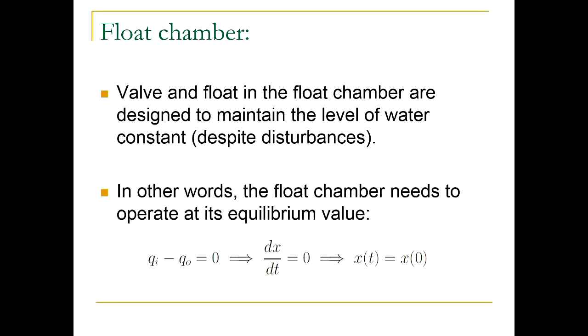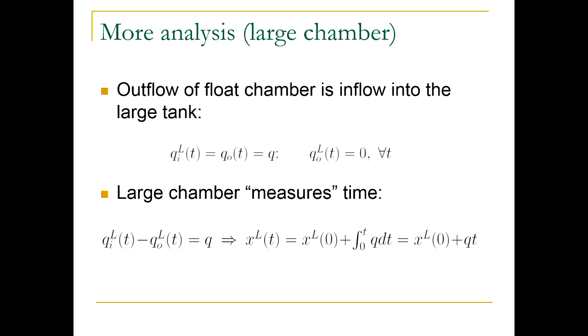So you will get constant outflow, and the outflow of the float chamber is constant, but that's the inflow into the big chamber, because the outflow of the float chamber flows into the big tank that's supposed to measure time. But we close the valve in the big tank, so there's no water flowing out.